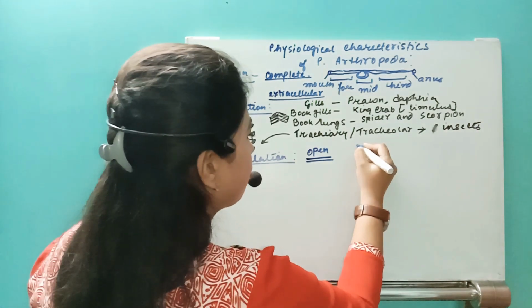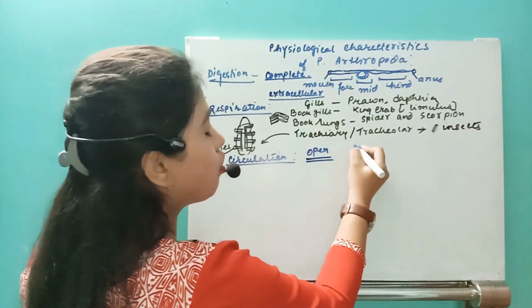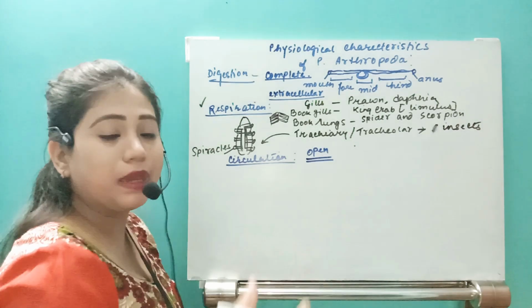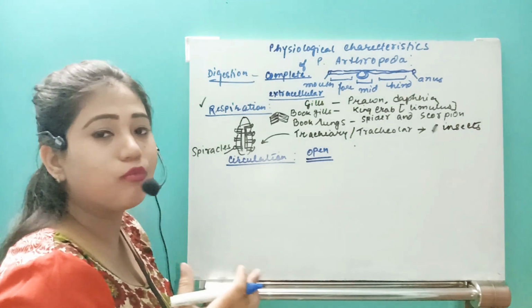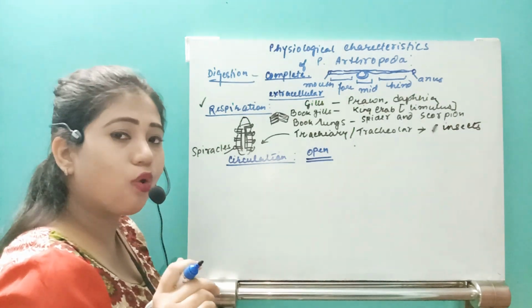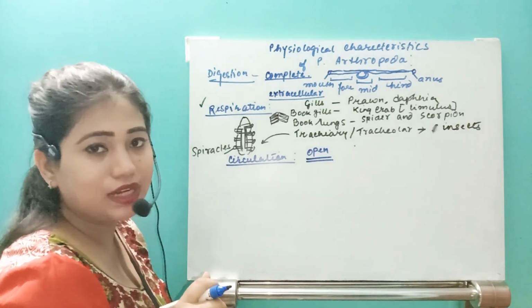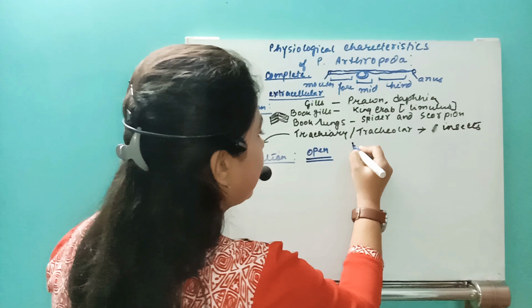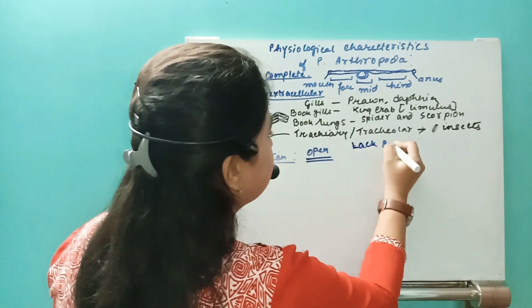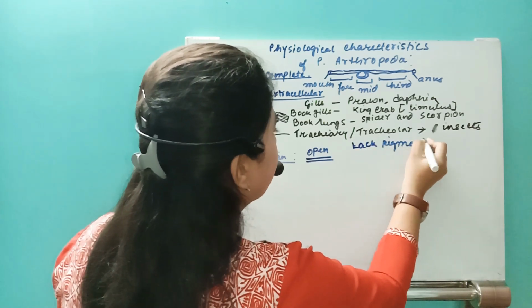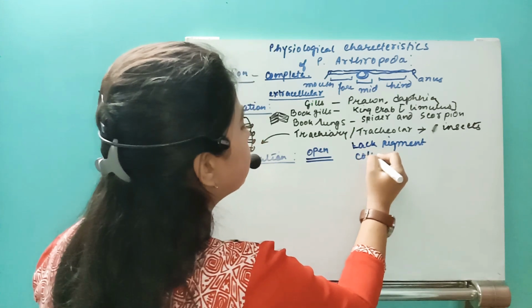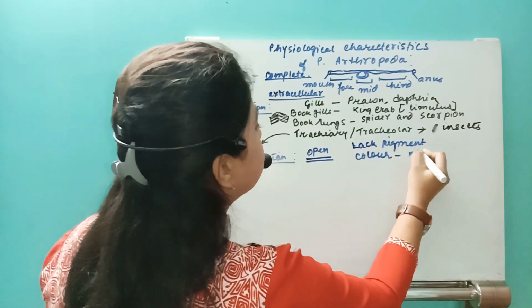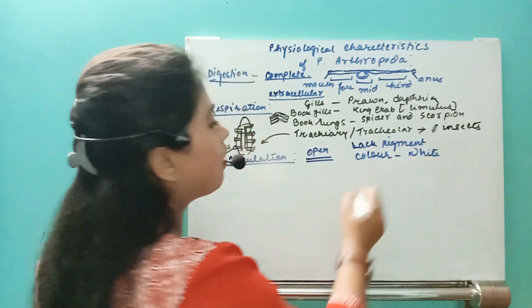Next thing you have to know is that this organism does not have any respiratory pigment like hemoglobin or erythrocruorin, which is present in the phylum Annelida but absent in the phylum Arthropoda. So they lack the respiratory pigment. If they don't have the pigment, what should be the color of the blood? It will be colorless, white.